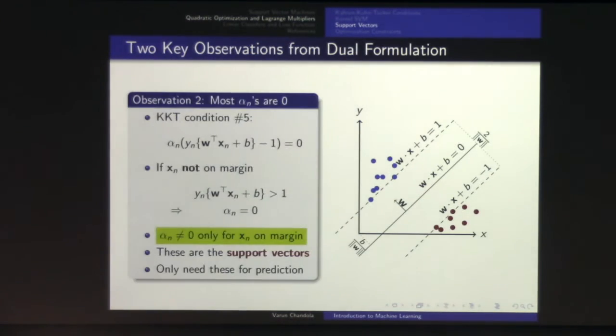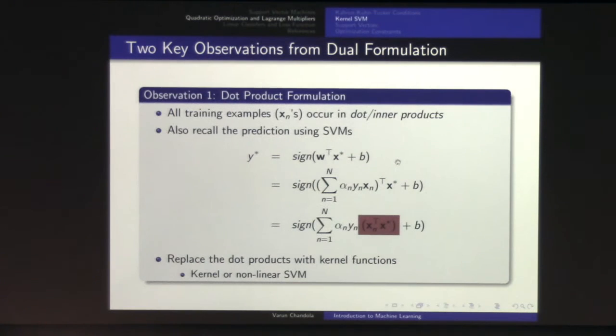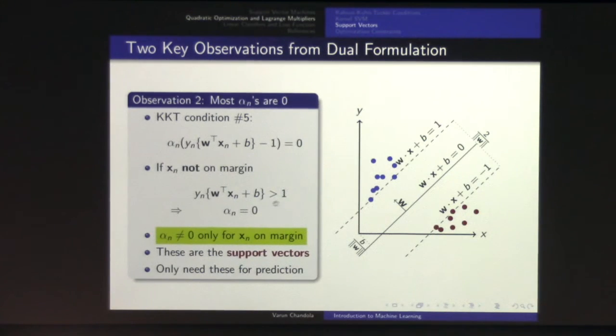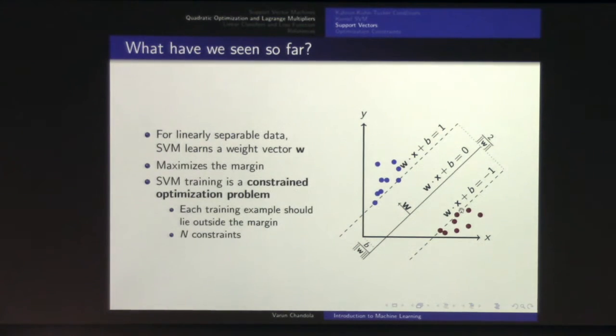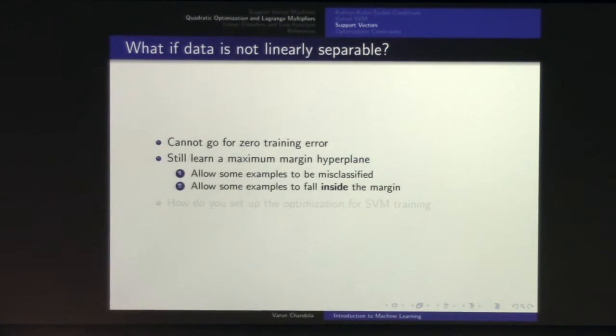So remember, in your original constraint, you wanted to learn a W and B such that this quantity is true, which means that all the data points should be on the right side of the differentiating plane, as well as they should be away from the margin. So that was the idea. But when they are not linearly separable, you relax it.